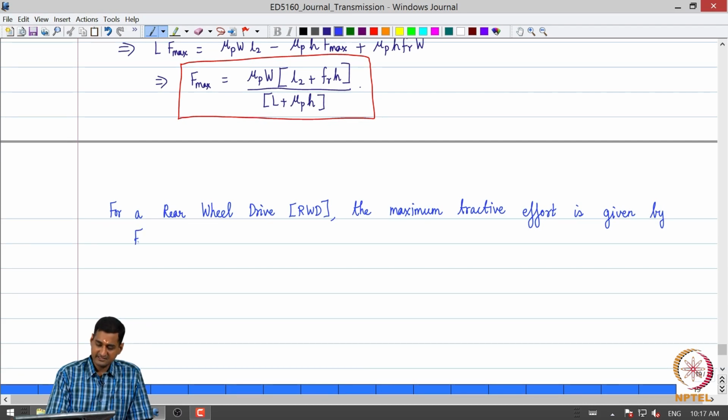F max is equal to mu p, the peak friction or traction coefficient, times WR. So let us go back and substitute for WR.